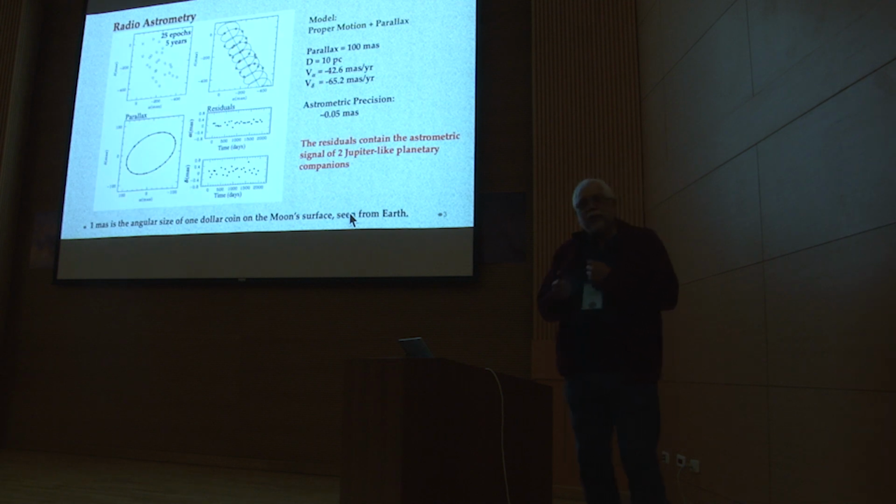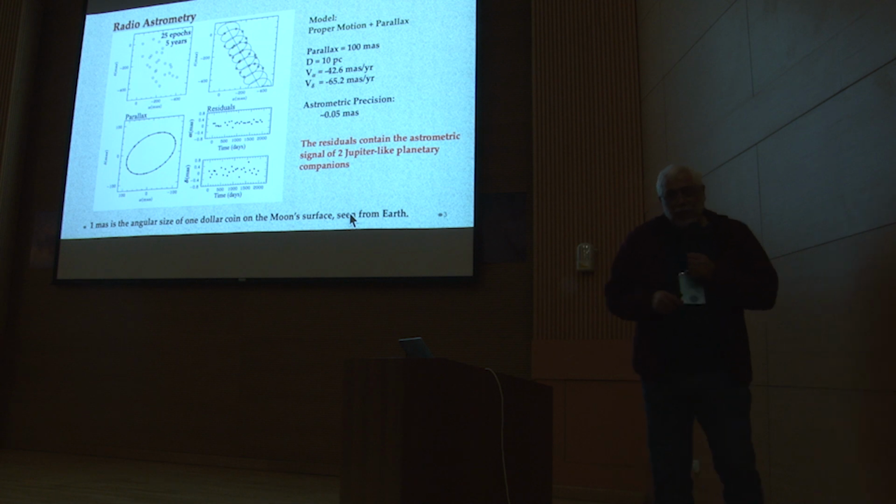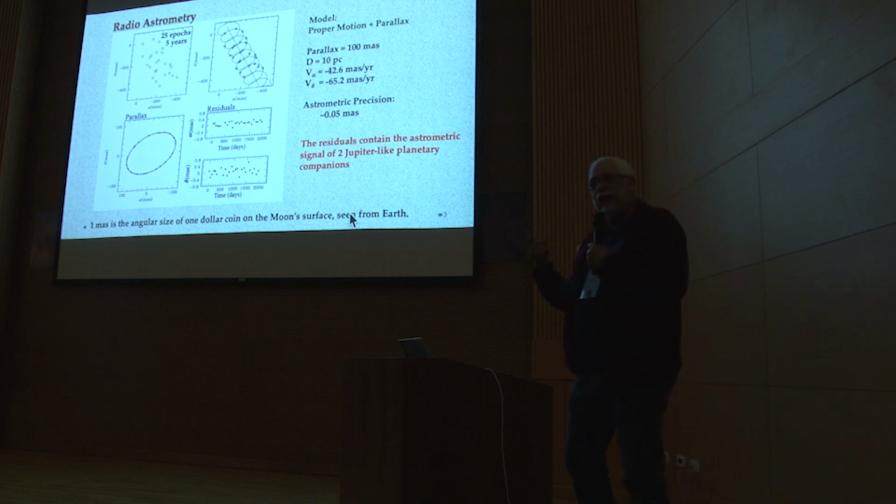Now, how to do it? Well, astrometry is something very old. It's actually the first way that people looked for exoplanets and it never gave good results. It's also kind of boring because you have to observe many times, and every time you observe, the only thing that you get is one dot.